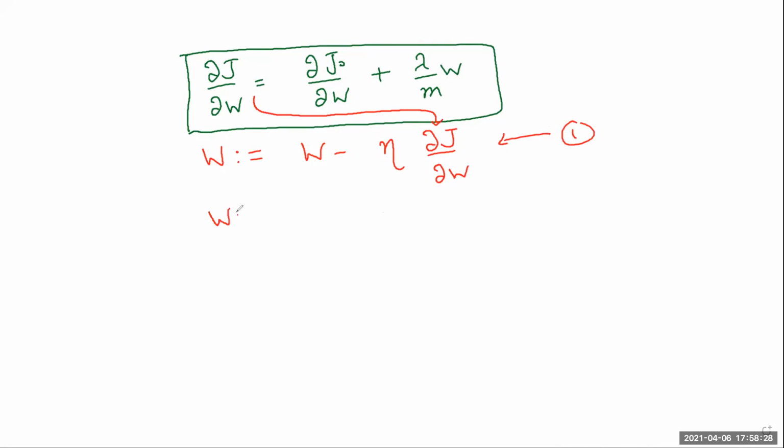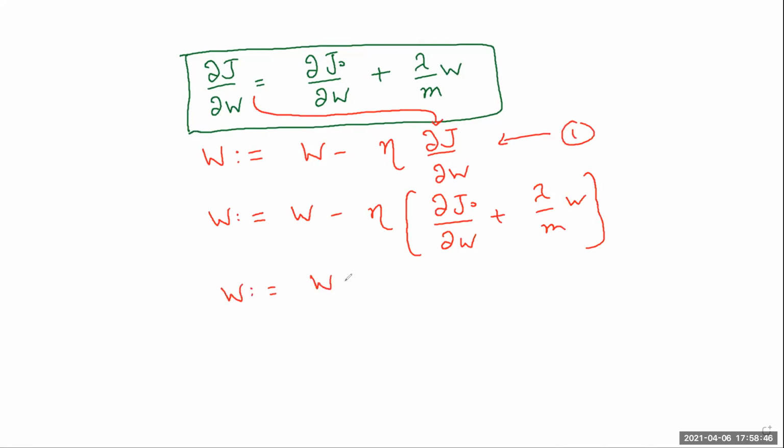So what do we get? We get w minus learning rate, and here I will plug in the derivative of J naught with respect to w plus lambda by m w, and I can rearrange it like w minus learning rate into lambda by m w minus learning rate times the derivative of J naught with respect to w.